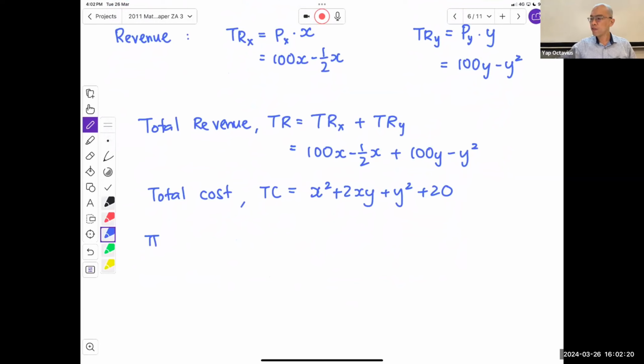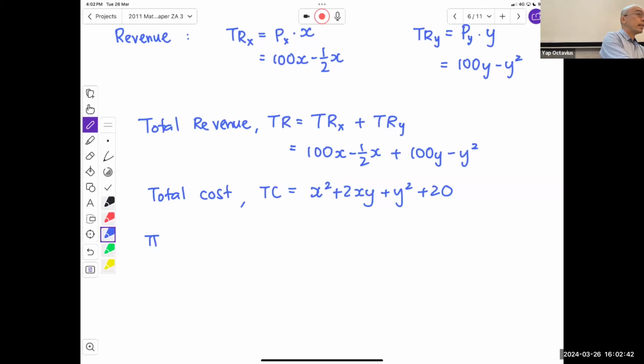Then after that, I want you to try to optimize it. So this is a two variable optimization. We are going for profit maximization. So number one, find the X and Y quantity that maximize the profit. Number two, prove that it is a maximum.